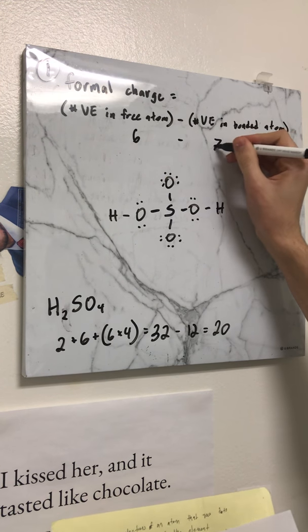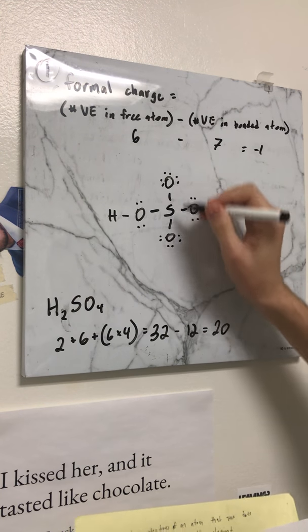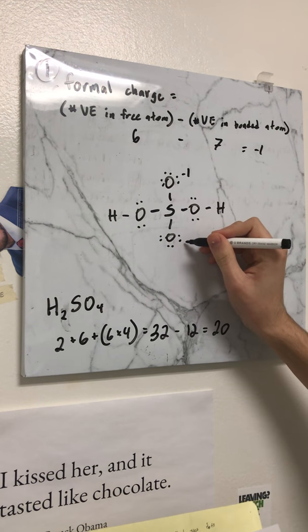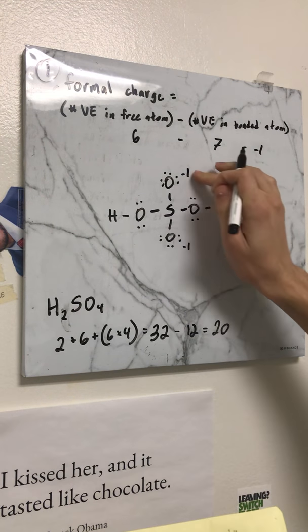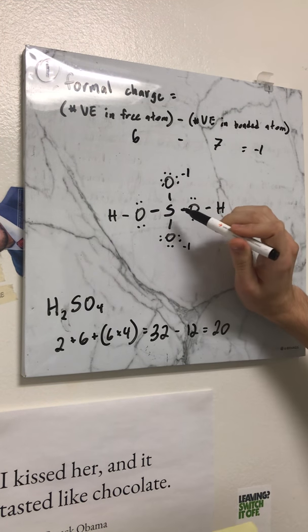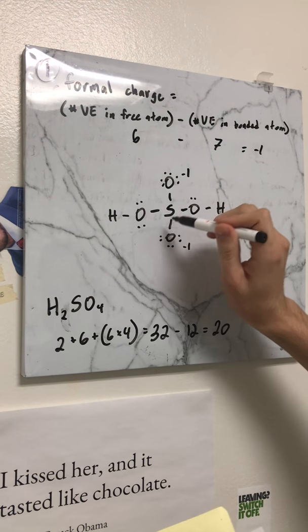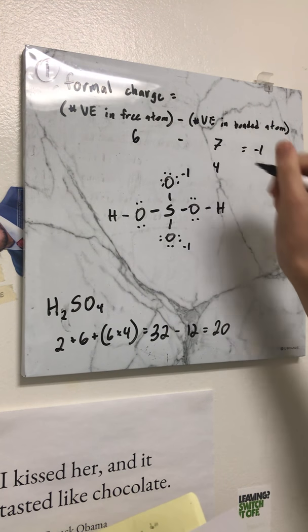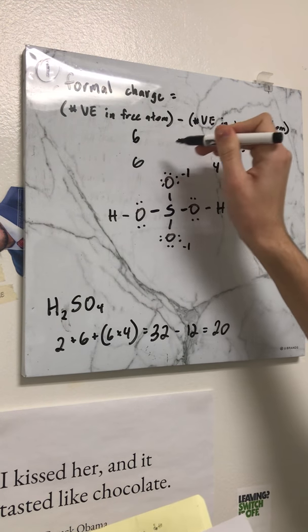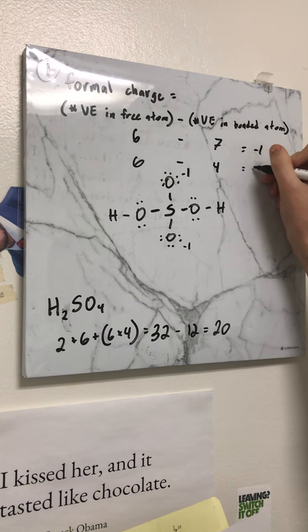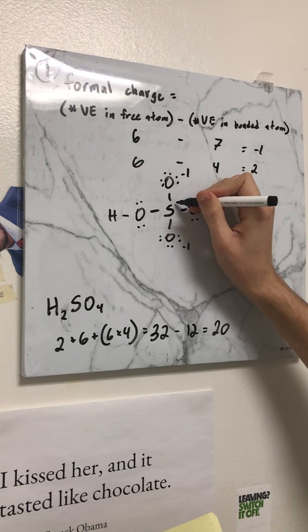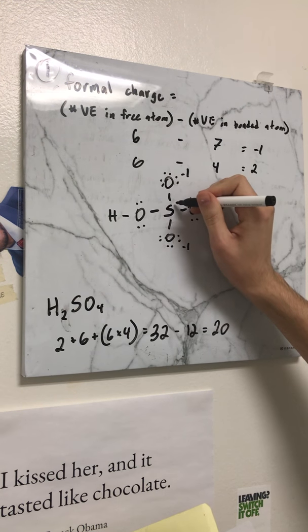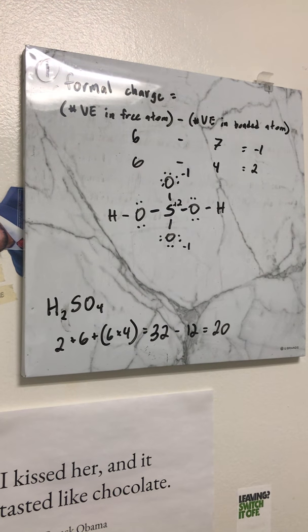So we have 7, which means the formal charge on both of these would be -1. So -1, -1. Let's look at the sulfur now. Sulfur here has 1, 2, 3, 4 around it. So in the bonded atom, we've got 4. And in the free atom it should have 6. 6 minus 4 equals 2. So this would have a formal charge of plus 2.